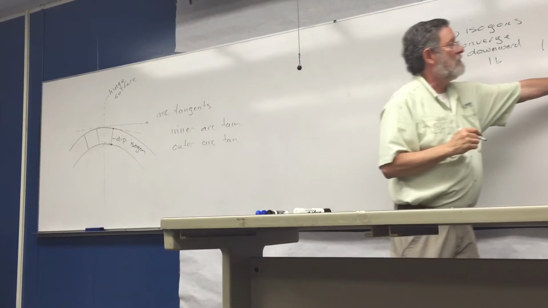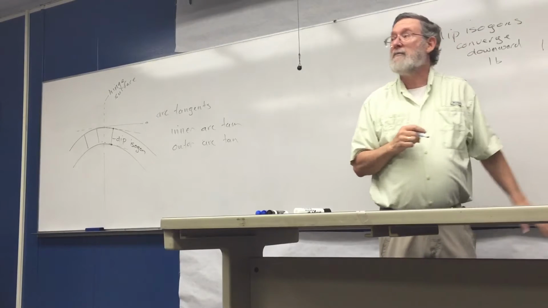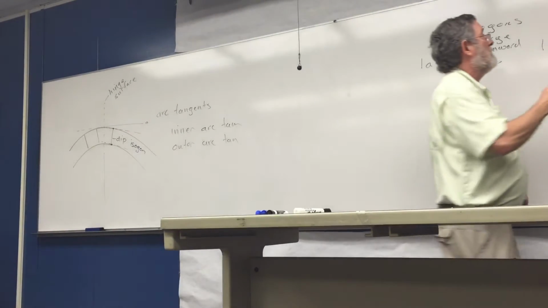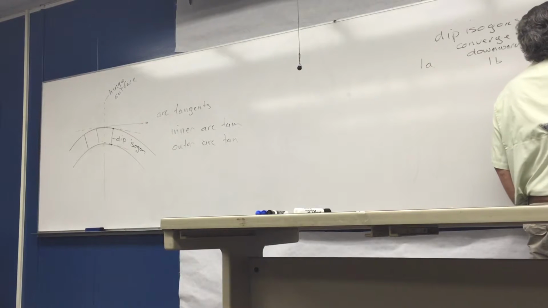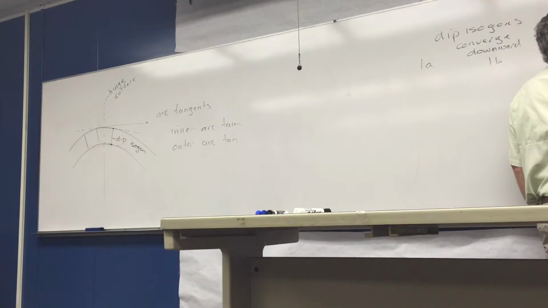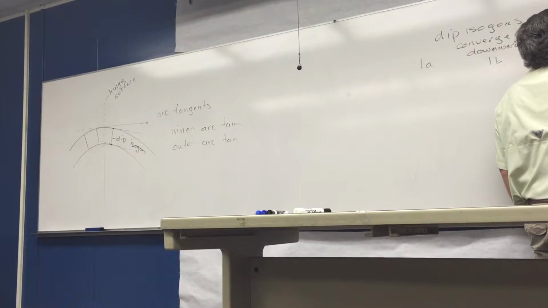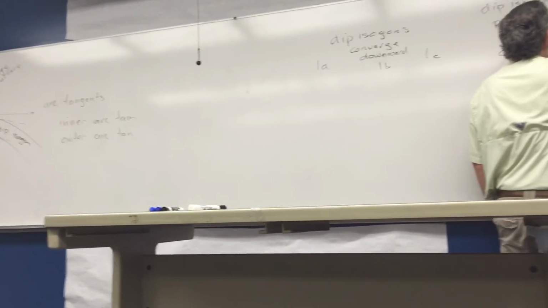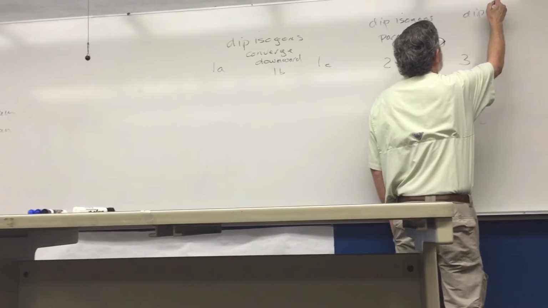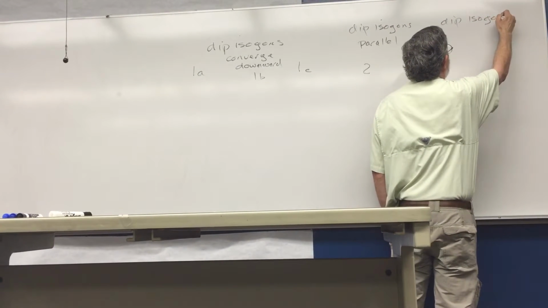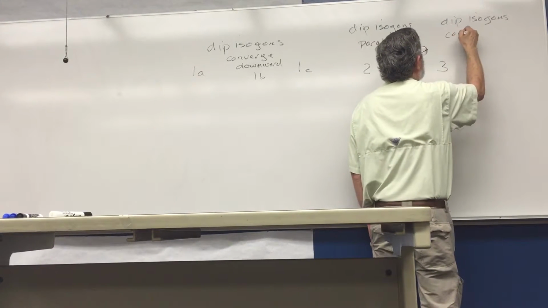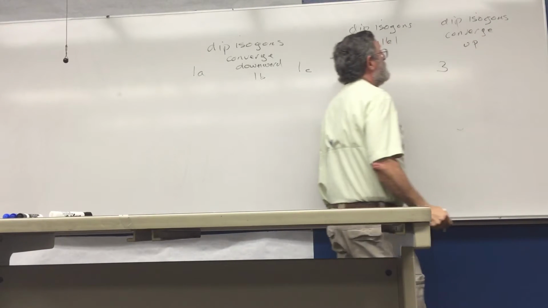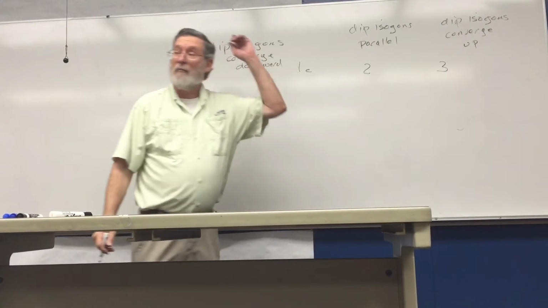In type 2, he found that the dip isogens were parallel. And in type 3, the dip isogens converged up.